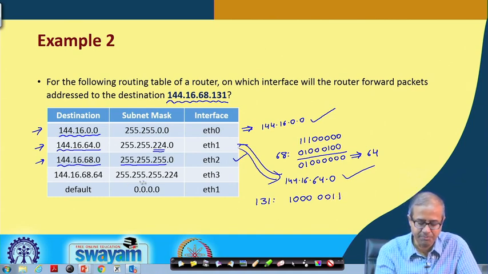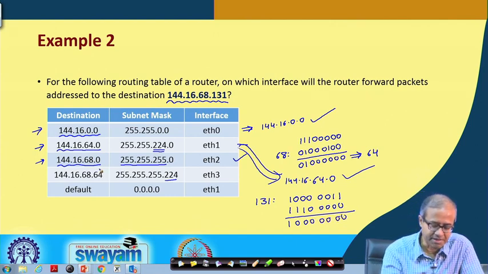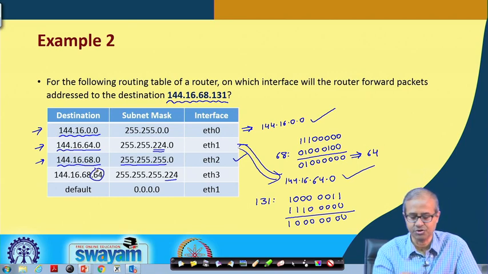So, if you do a bit by bit ANDing with 224, 224 is 111 followed by all zeros. So, only the first one will be 1, the rest all will become zeros. This is 128, but here it is 64. So, it is not matching, right.